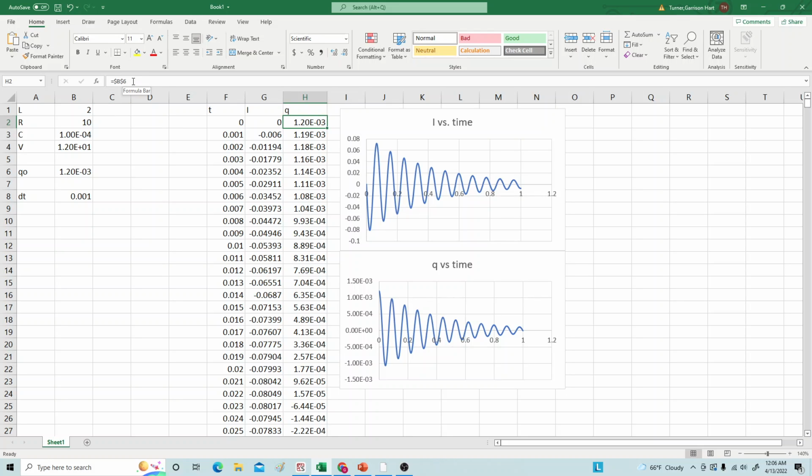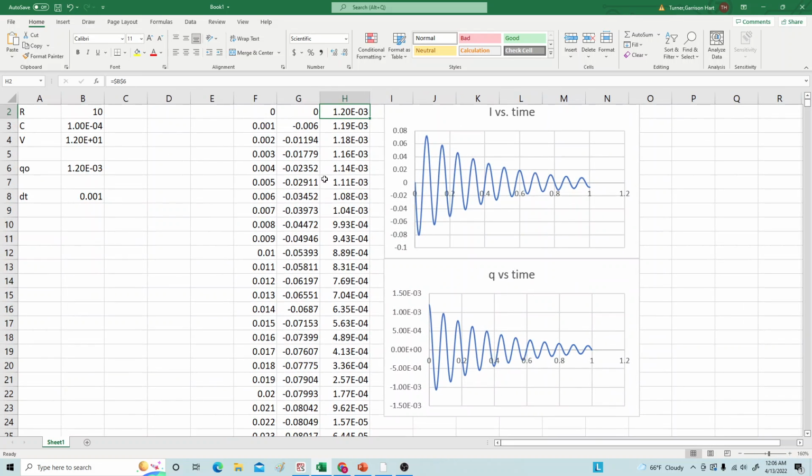So as you can see, the cell here is equal to B6. I don't know if I can increase the size of the font of the formula bar, so I apologize if that's not terribly clear.